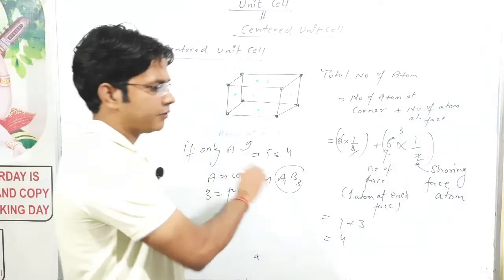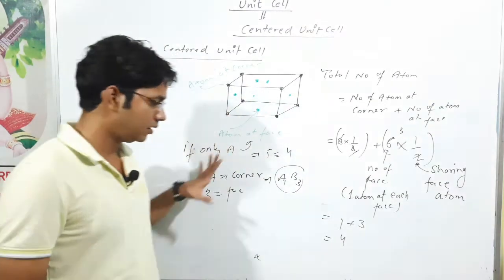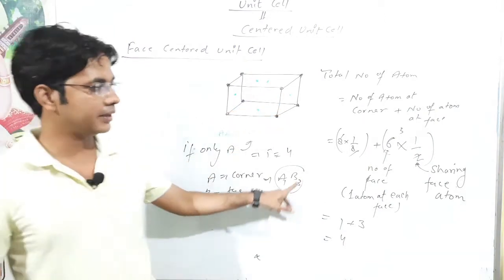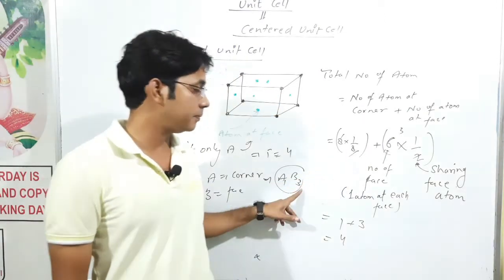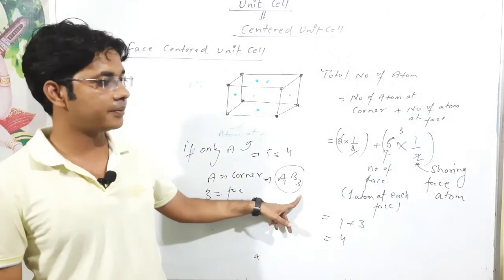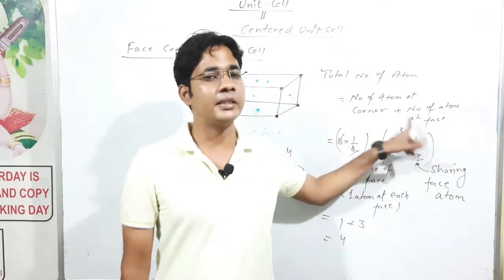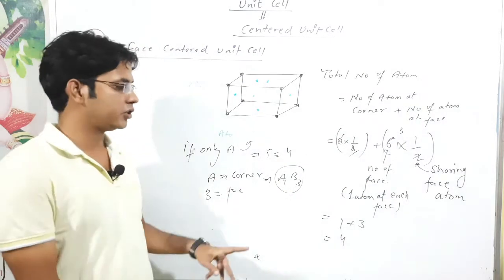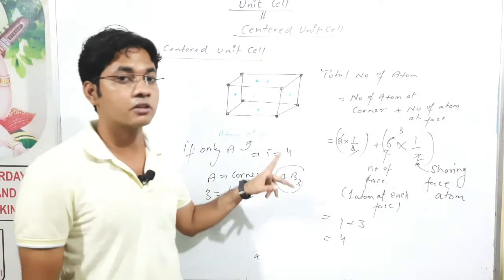This is most important for the numerical. We will solve the numerical like this. If A is at the corner, then the number of atoms will be 8 into 1 by 8, which is 1, and if B is at the face, then the number of B atoms will be 6 into 1 by 2, that will be 3. So the total number of atoms will be 4, but A constitutes 1 atom and B constitutes 3 atoms.